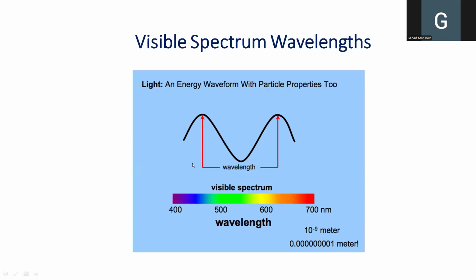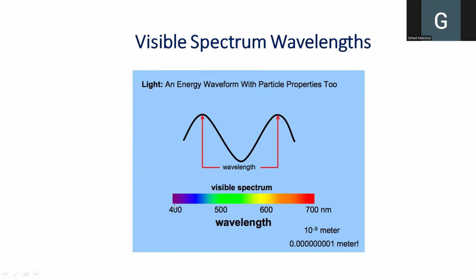Here we have the visible spectrum of light. You know, of course, that there are wavelengths of light that we can visualize, and there are wavelengths of light that are too short or too long to be visualized. So, for example, the visible spectrum of light ranges from 400 to 700.